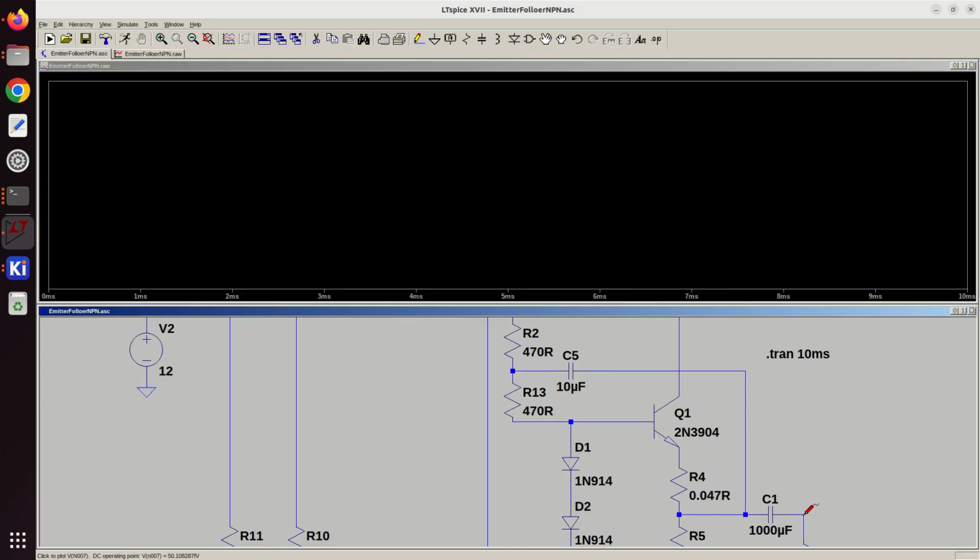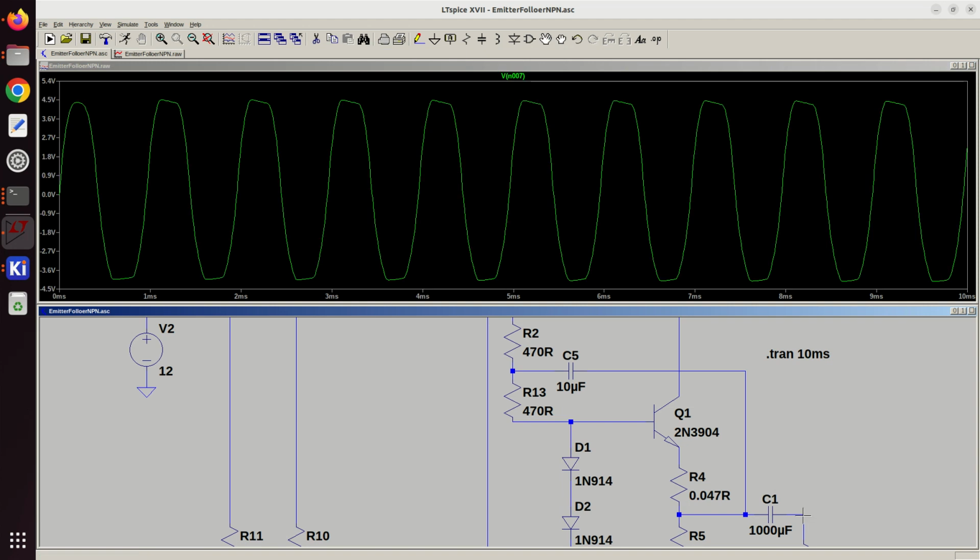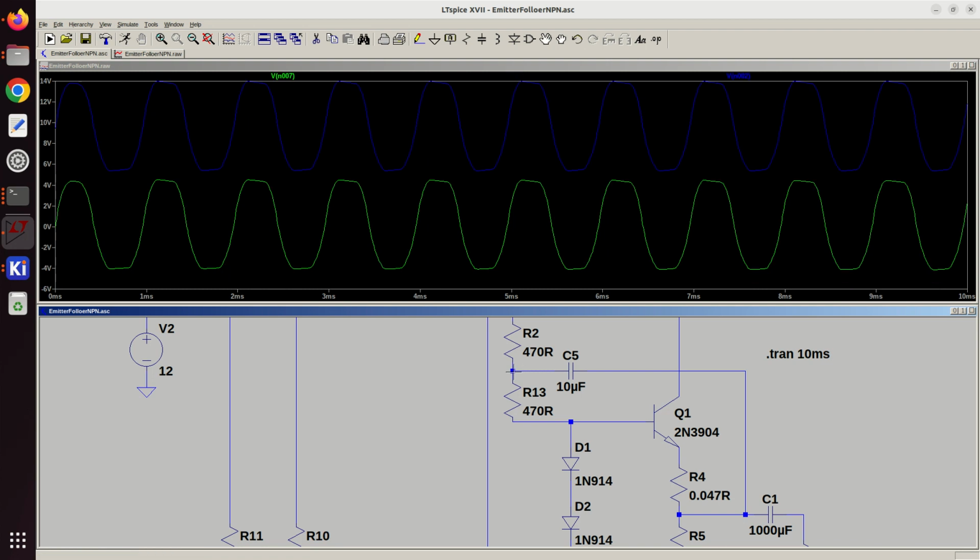So the last time it was clipping on the positive. Now it's clipping on the positive and the negative, but we've got a lot more voltage on both. What voltage is here? Yeah, so we're getting an extra two volts here. You can see it's clipping on both, and really what I want to do is have it clipping equally.